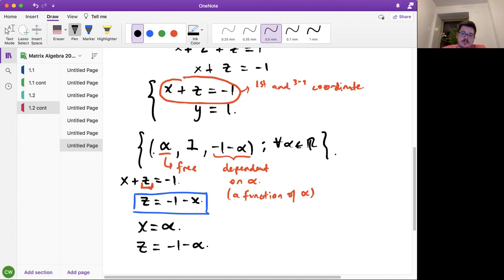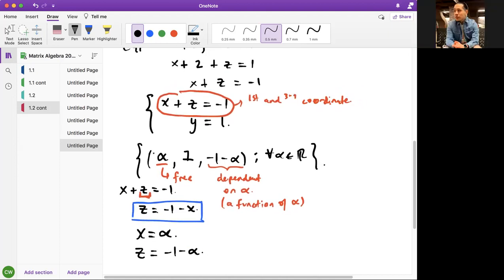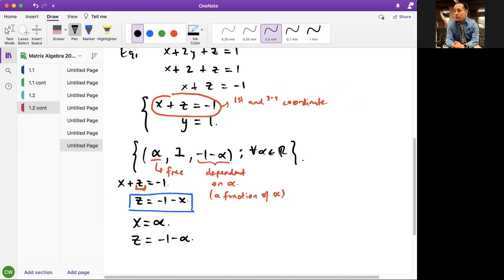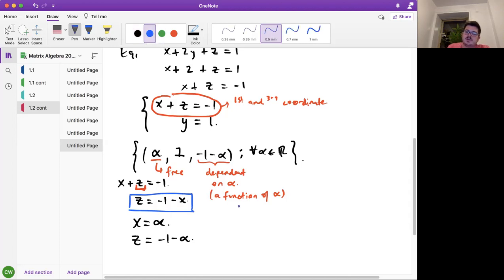Okay. So if we wanted z to be free, then we would solve for x. Yeah. So let's give an example of a point in the solution. If alpha is equal to -4, then you can give me any alpha.